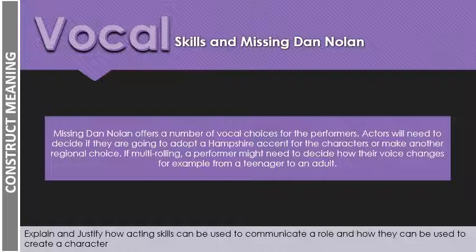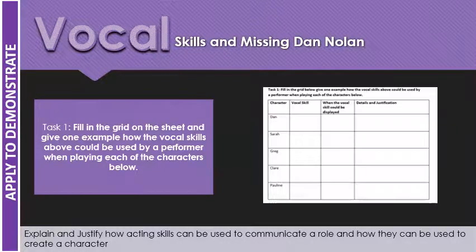We've also moved on to our second success criteria now, which is to be able to explain and justify how acting skills can be used to communicate a role and how they can be used to create a character. So your first task then, you will see on the sheet that I've attached, task 1, I would like you to fill in the grid. Now you have Dan, Sarah, Greg, Claire and Pauline.